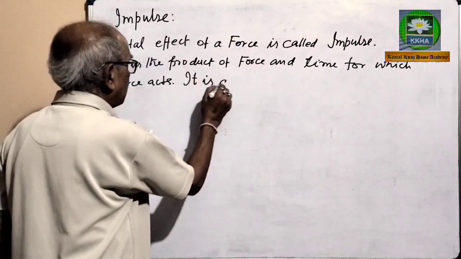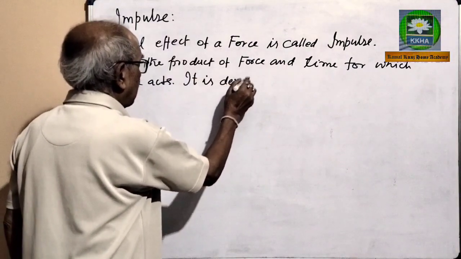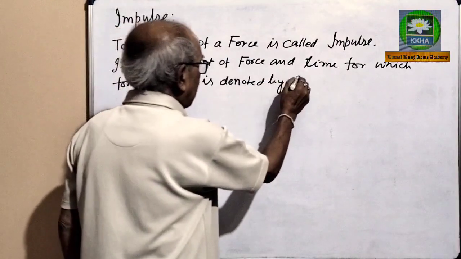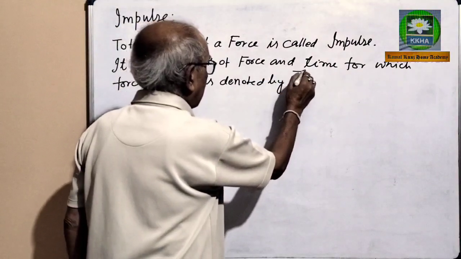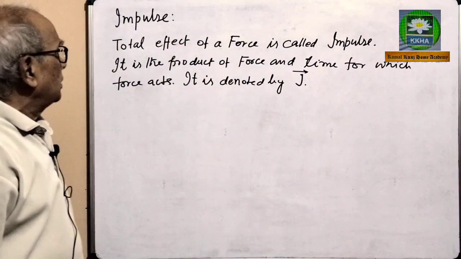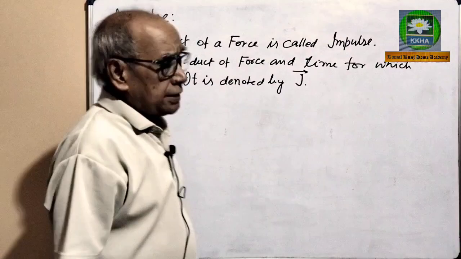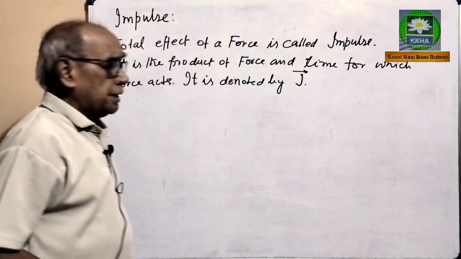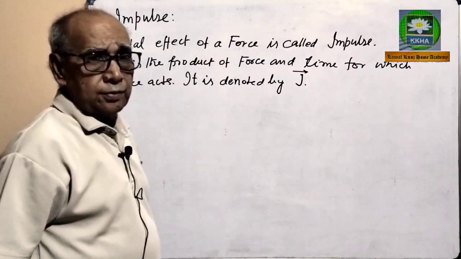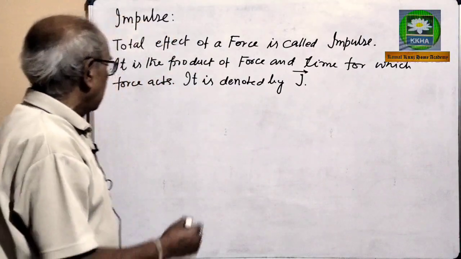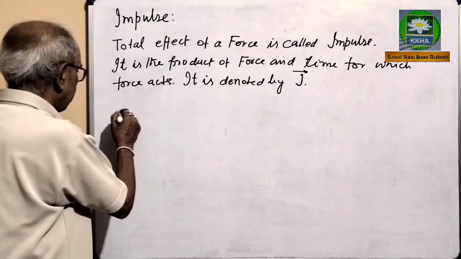It is denoted by J. So, total effect of a force is called an impulse, and it is the product of force and time for which force acts.